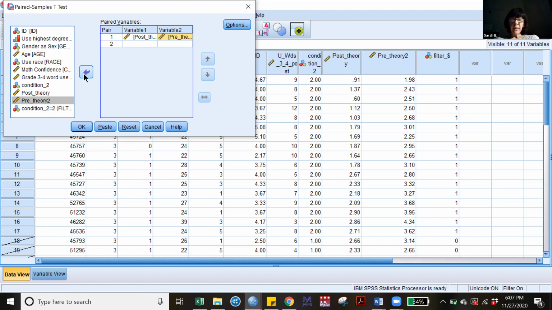Now, little tricky logic here. If people are more malleable after treatment, they will have lower scores. So let's see what that looks like, because it's a little bit hard to explain.